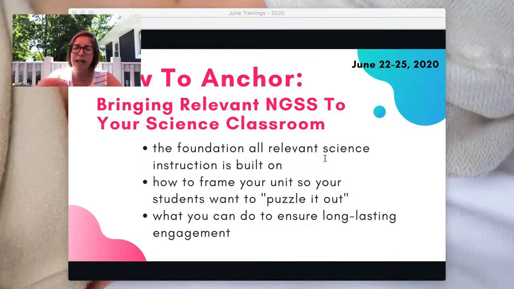We'll talk about the foundation that all relevant science instruction is built on, how to frame your unit so your students want to puzzle it out, and what you can do to ensure long-lasting engagement. And one piece of this puzzle is the role of relationships in your classroom, and how they are fundamentally important, not just for classroom management, but for student learning.